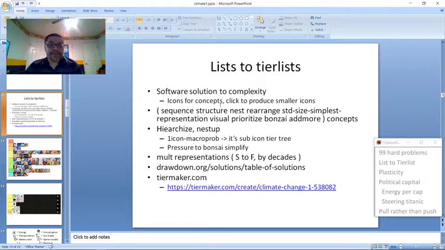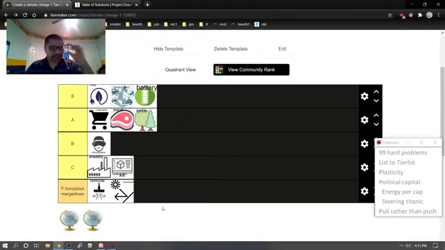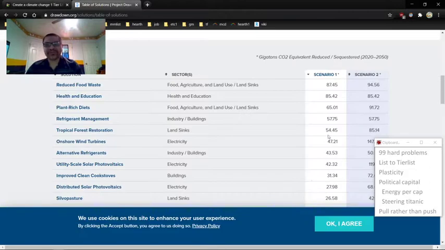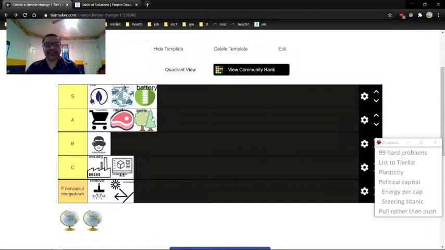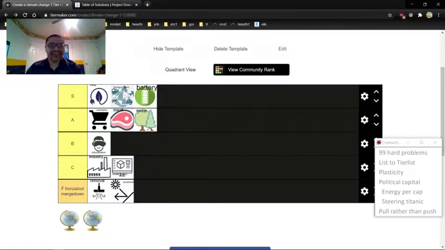You can structure the list, which means that it has a structure rather than just being sorted by the highest denominator. You can nest and rearrange it.